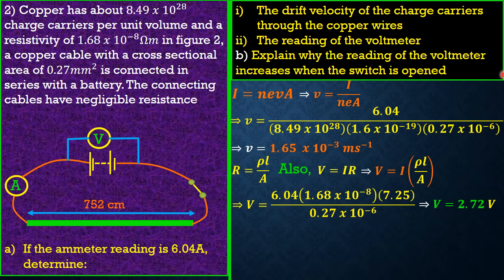Simplifying this gives V as 2.72 volts. Always learn to respect significant figures. The smallest number of significant figures here is two, that is 0.27, 1.68, 8.49, and so on. So we have to put it to two significant figures.